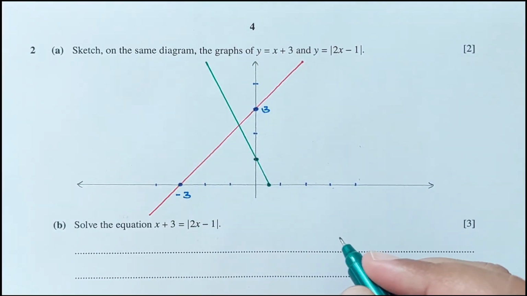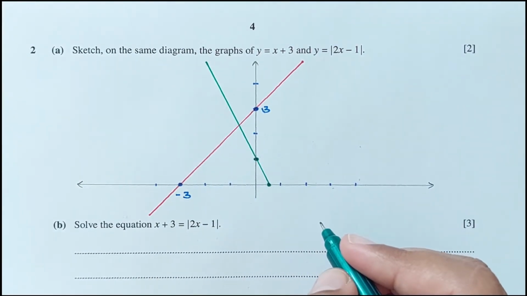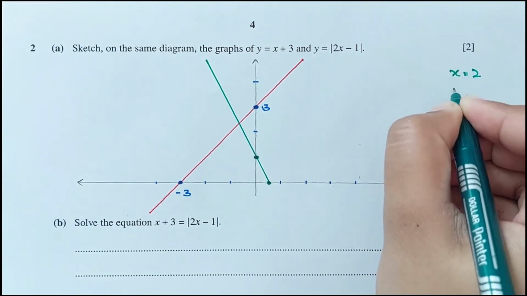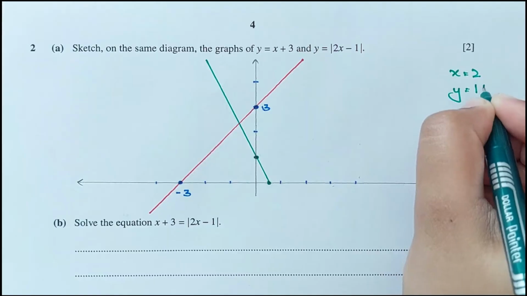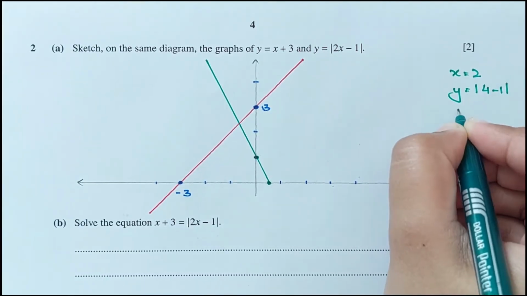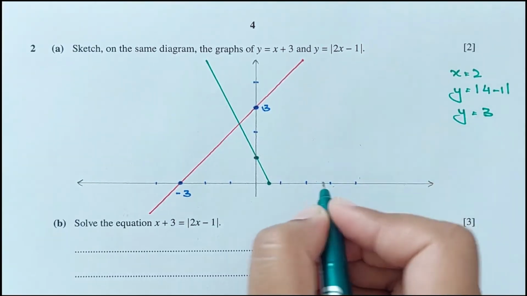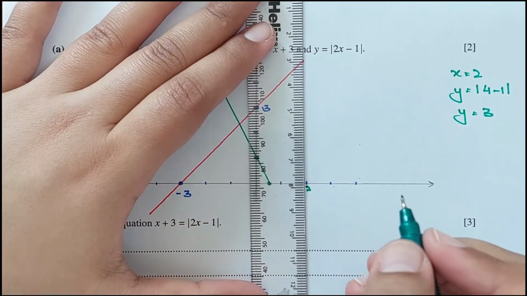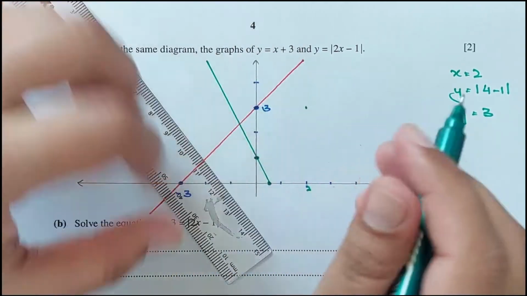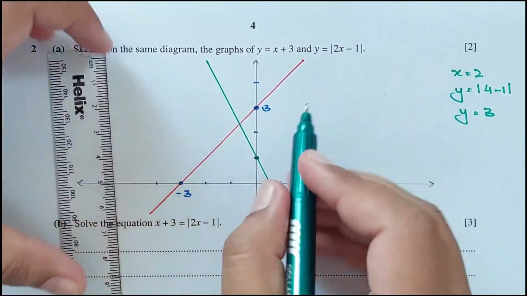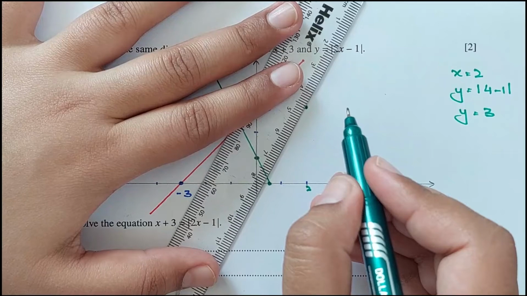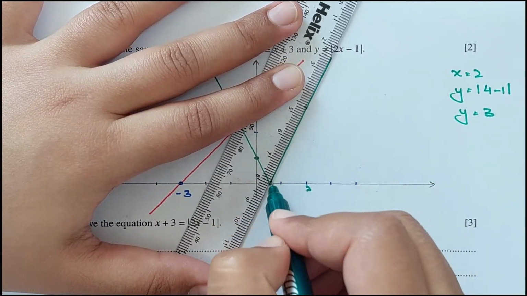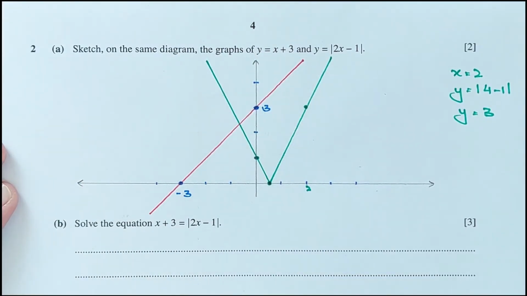Okay, so if I take x equal to 2, y is equal to the absolute of 4 minus 1. 2 times 2 is 4, so y value is 3. So x is 2 here, and y is 3 at the top. So this point. Let me connect this.